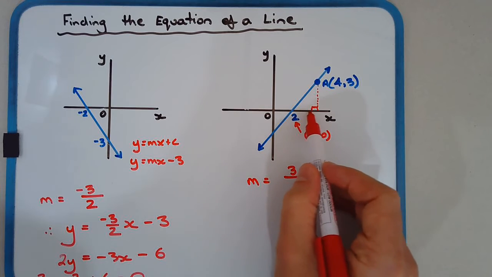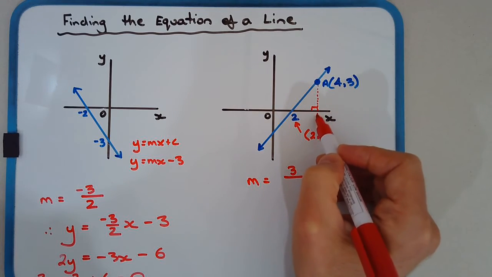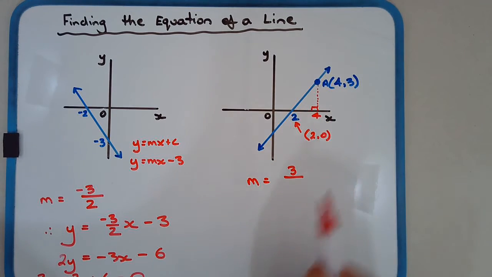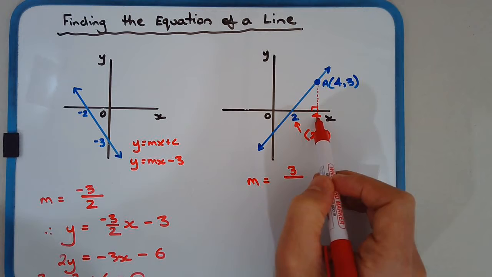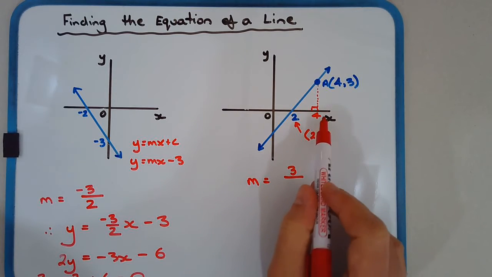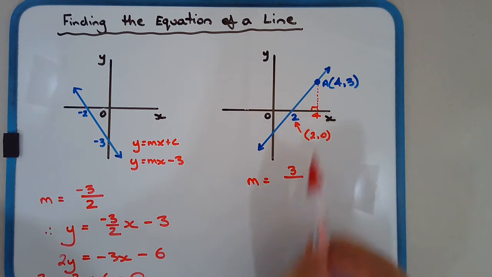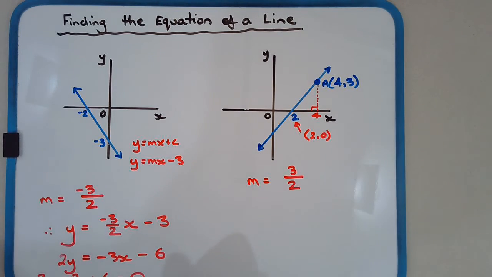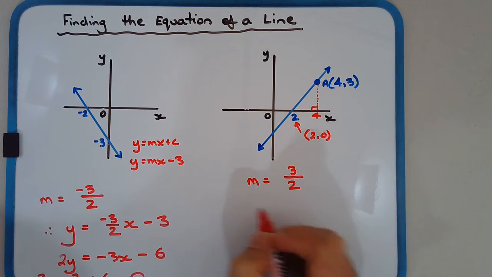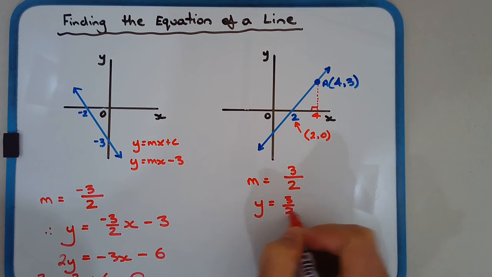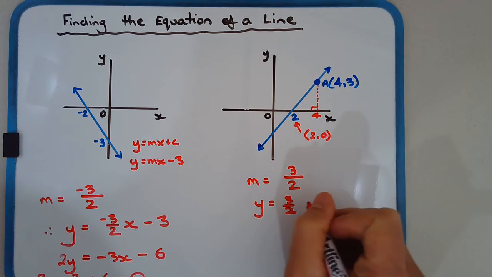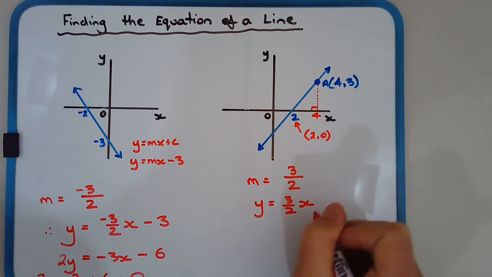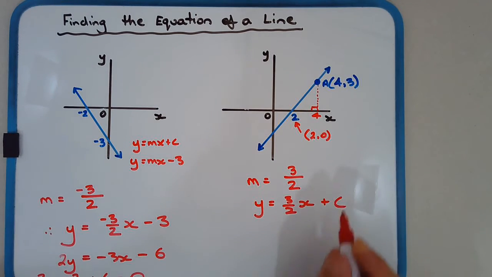So from 2 to 4. So this is the next coordinate of 4 on the x-axis. So from 2 to 4, we have a run of 2. So if you're going to use the gradient intercept formula, this is 3 on 2x plus c, but we don't know what the c is.